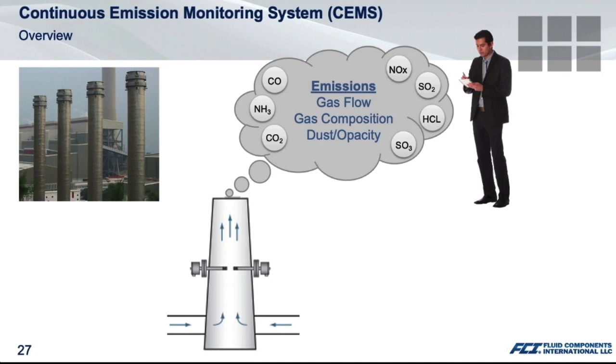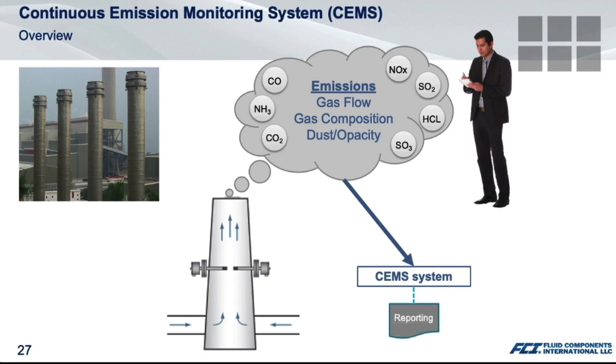As these are governed by the local authorities, it is required to install a system called CEMS, Continuous Emission Monitoring System. This system provides reporting to the local authorities so they can frequently, multiple times a year, audit these reports, making sure that every plant is within their own quota.